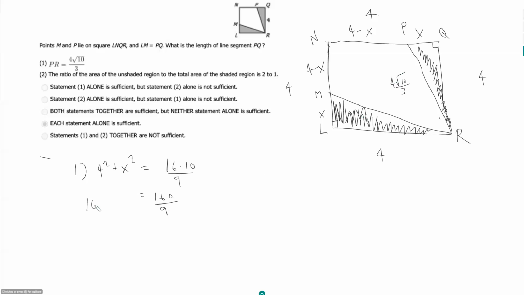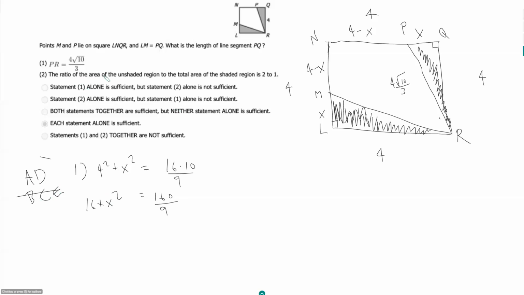So 16 plus x squared is equal to 160 over 9. I don't know what this is, but the point is, if I wanted to find x squared, I easily could. I'm not going to do it because I don't think they want us to do it. But this is sufficient.